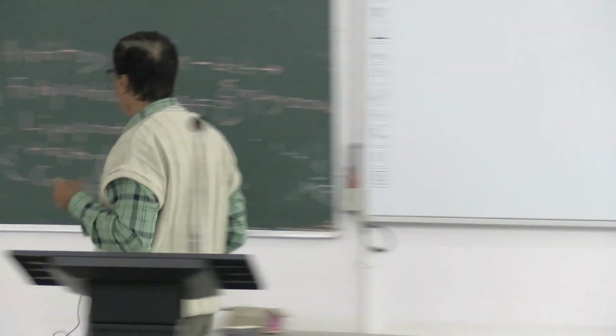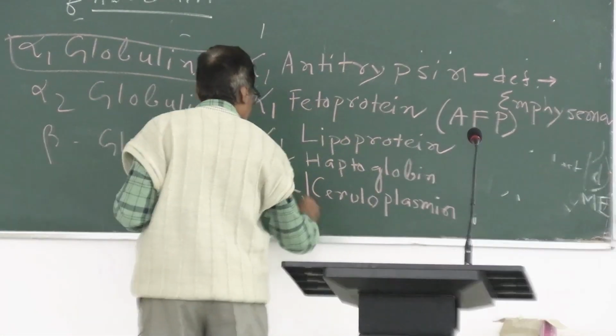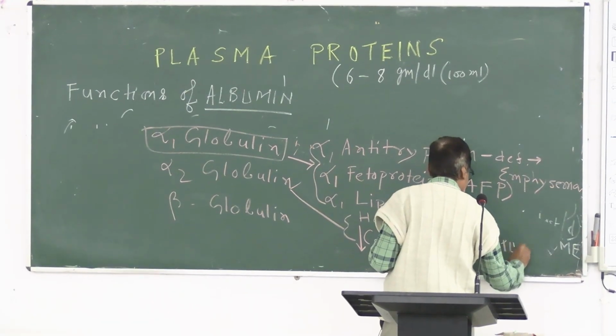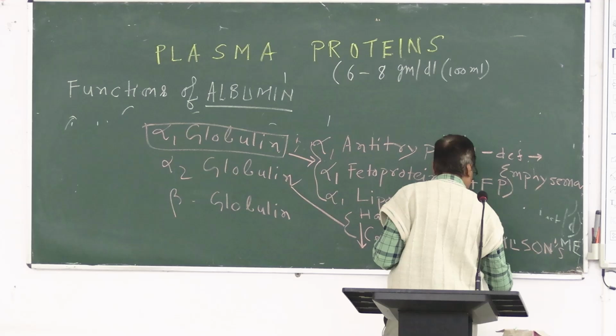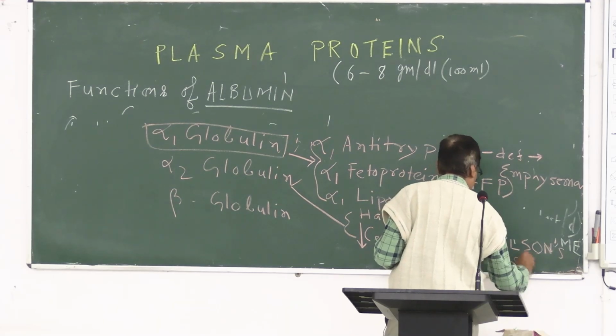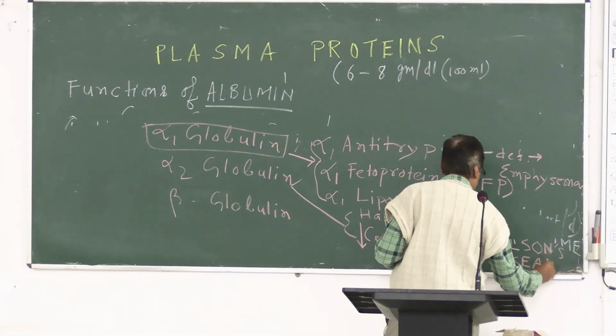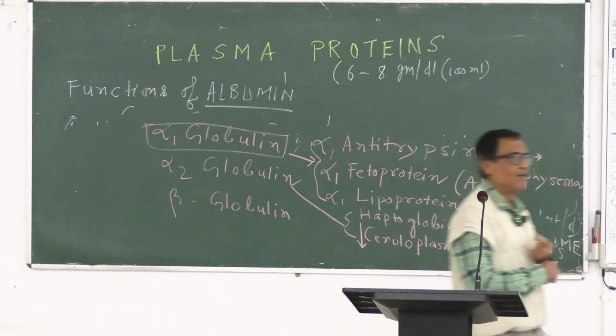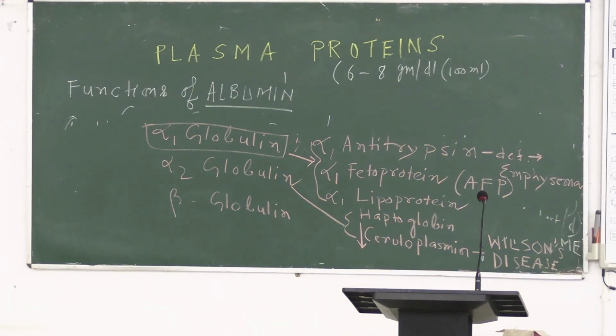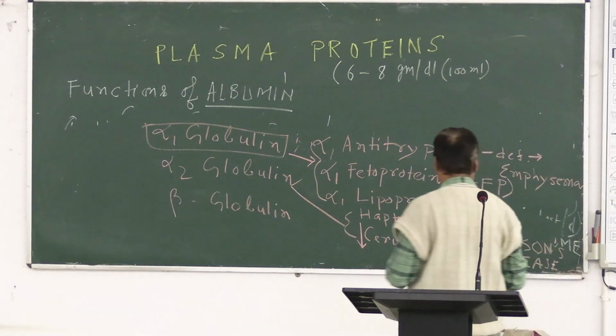Ceruloplasmin deficiency, the disease is called Wilson's disease. The low ceruloplasmin in Wilson's disease. I am not describing the disease.